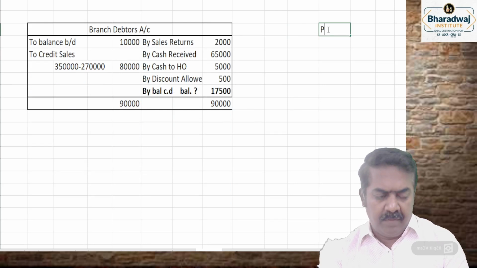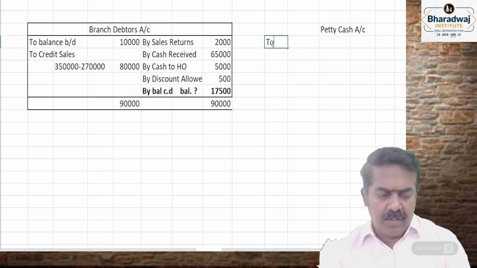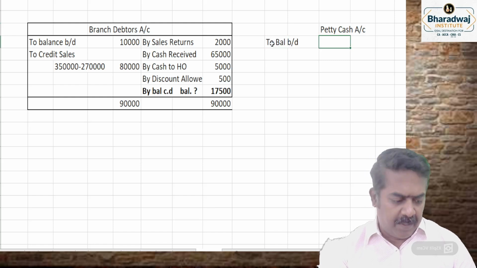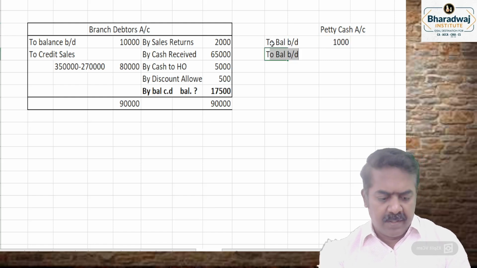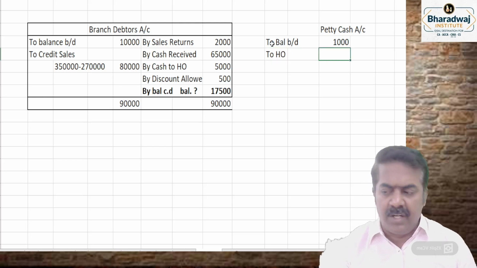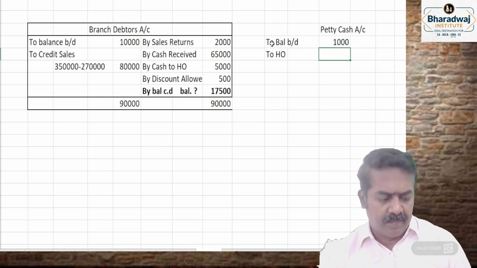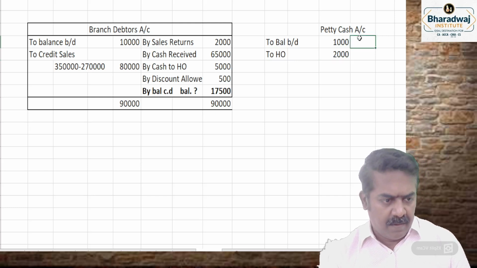Then we need to prepare petty cash account to find out the closing balance. What is the opening balance? Opening balance 1,000 is given. Head office, how much has sent for petty expenses? By expenses, how much we spent?